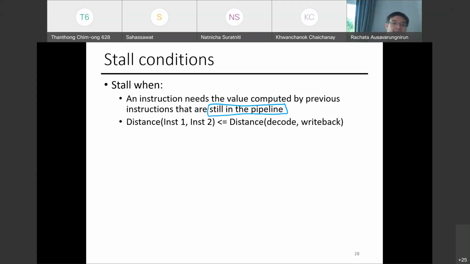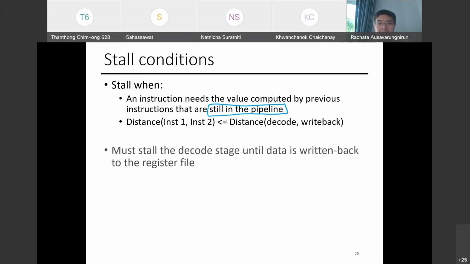So let's say it's next to each other. You stall for that long, 3 cycles in the earlier example. If the instruction creating the dependency is in write back, then I wait 1 cycle, because in 1 cycle I'm finishing the write back and I have my data. You must stall until the data is fully written back to the register file.